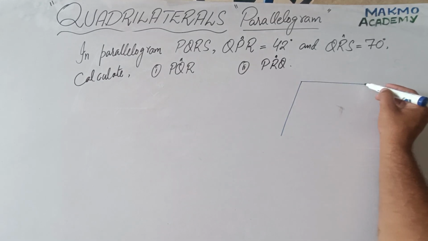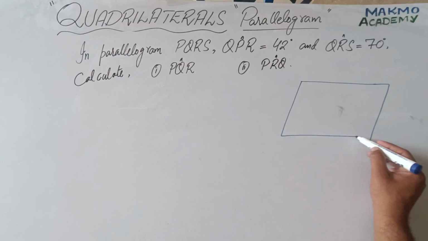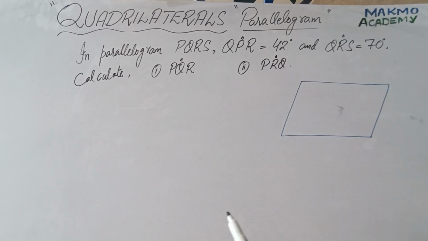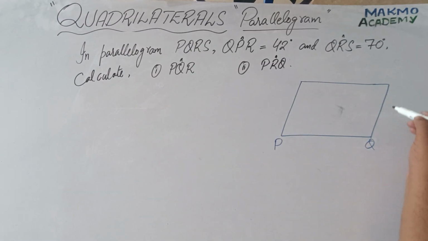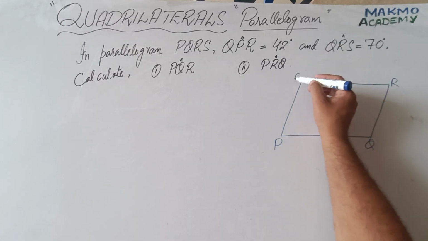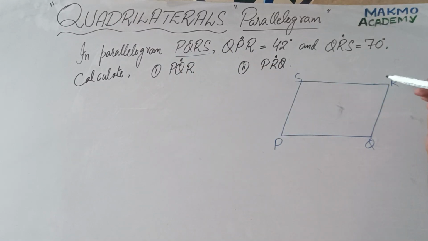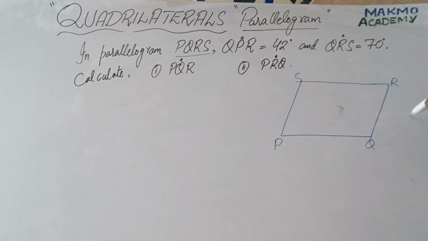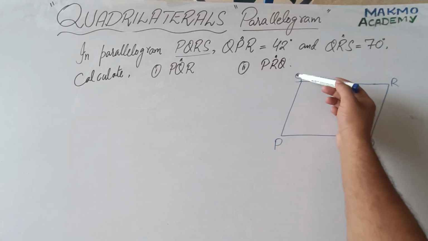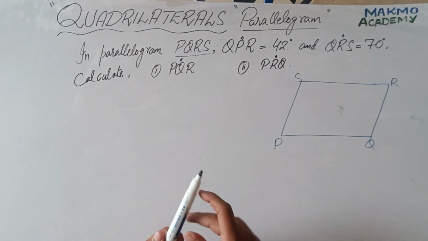So let's construct any sort of parallelogram and name it PQRS. We need to give the name in a sequence, PQRS like this, or starting from here, but it should be in a sequence.